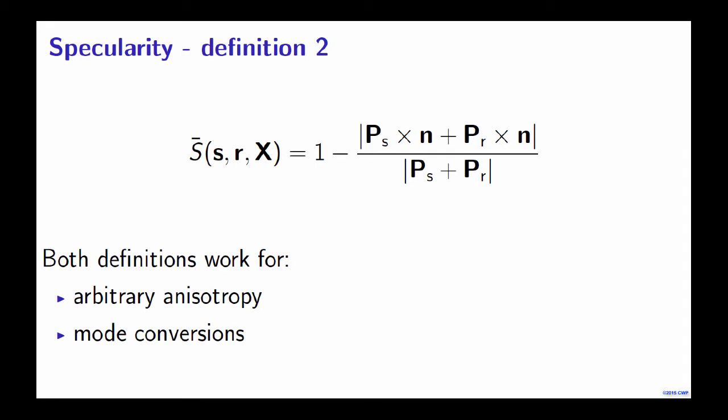So now that we have specularity defined this way, and reflections having specular value 1 and diffractions having specular values less than 1, we can simply build weights to remove the contribution of reflection during Kirchhoff migration.